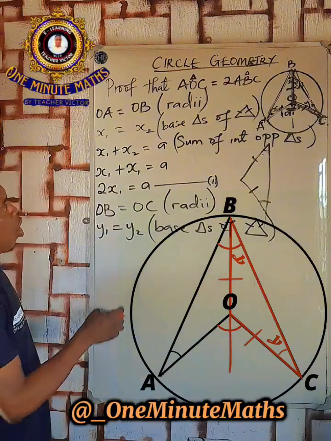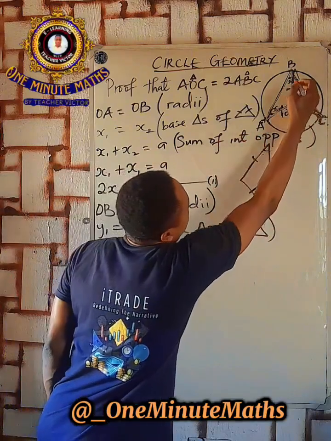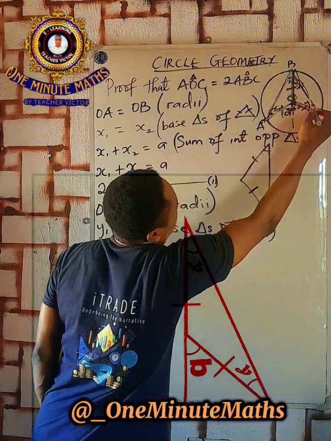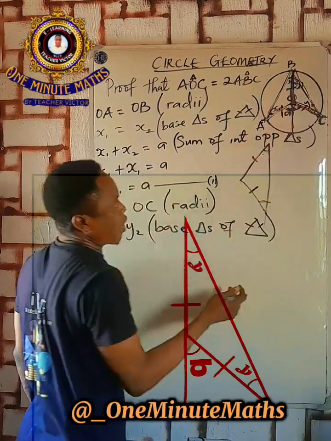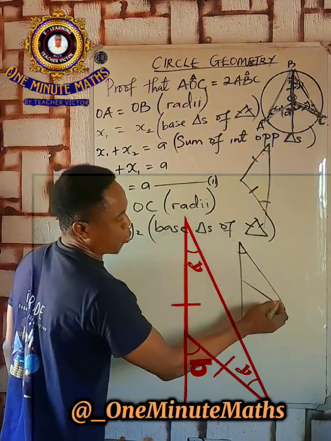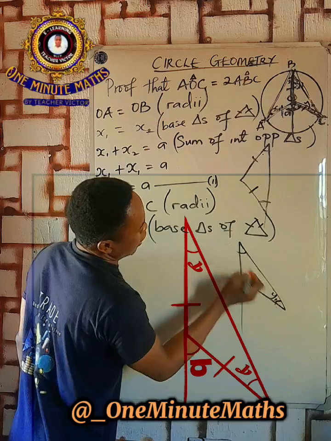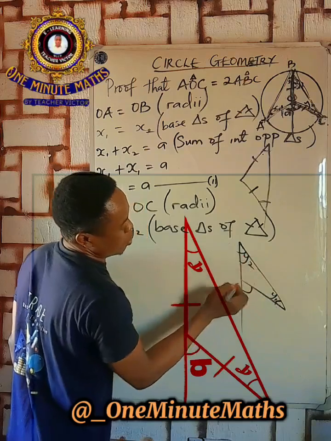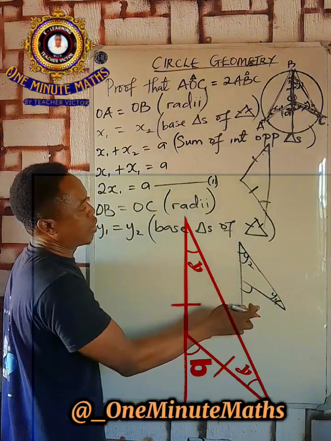All right. Also, from what we did before, when we add y1 and y2 together, it gives us this external angle. From the diagram we have here, just a replica of the theorem we proved earlier, y1 and y2 should be equal to whatever we name this angle.